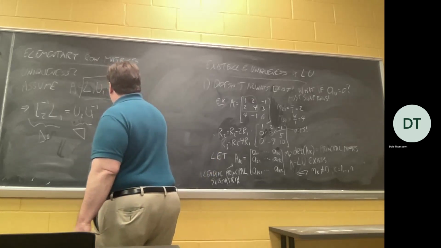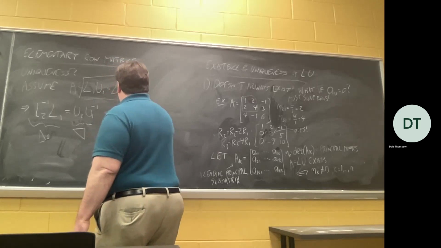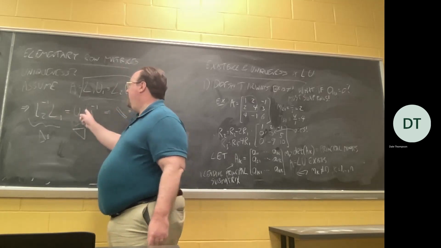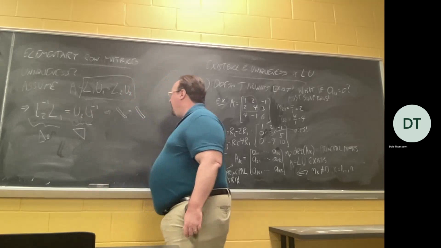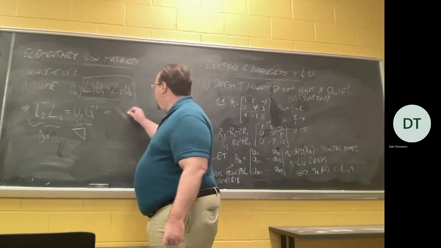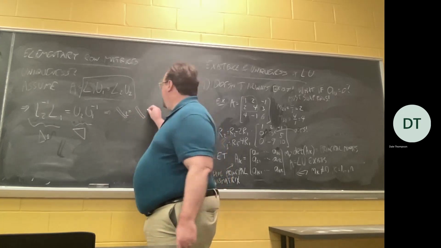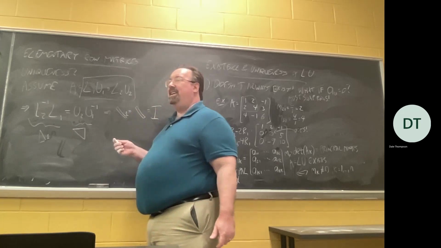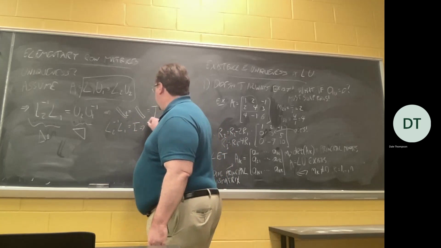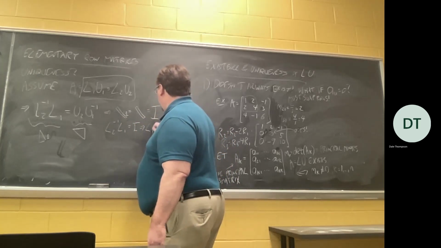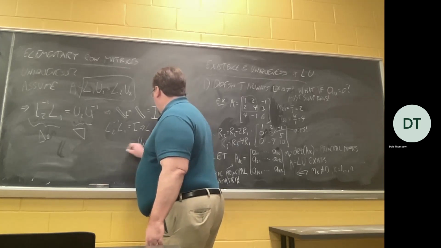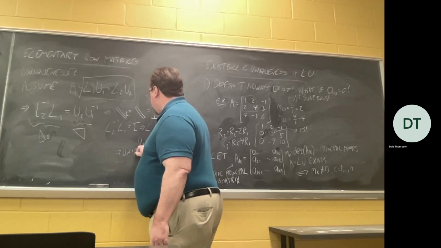So both matrices must be diagonal, because this says the upper triangle must be 0 and this says the lower triangle must be 0. So both triangles are 0. Furthermore, because the left side is a unit lower triangular matrix, the diagonal entries are all 1. They must equal the identity. But we have L2 inverse L1 equals identity. That means that L1 equals L2. And then similarly, U1 equals U2. So we have uniqueness.